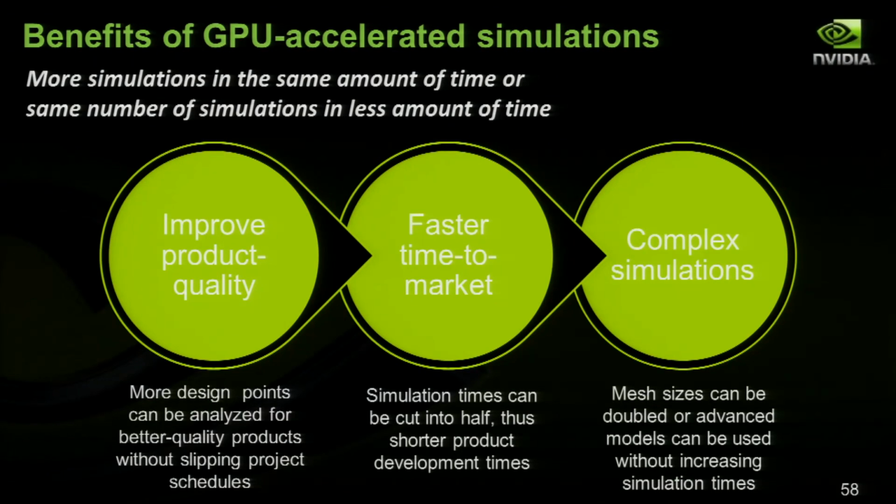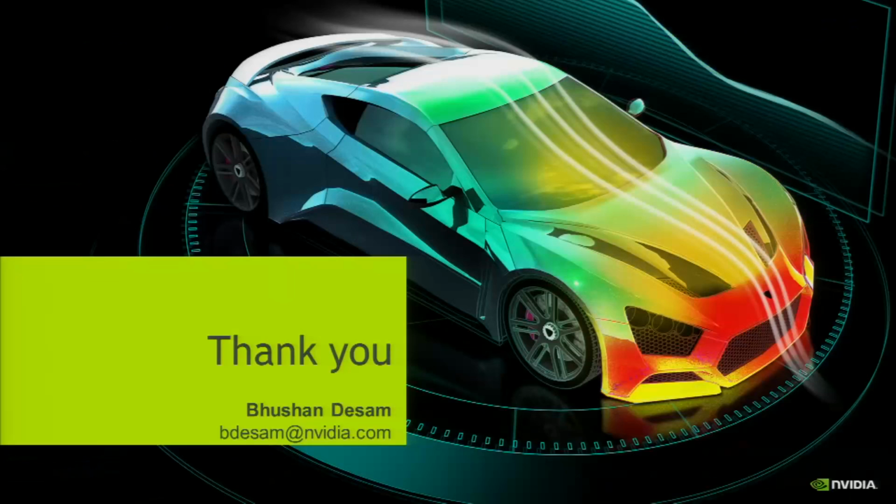The value in improving product quality by doing more design points in a given period of time, or you can also do these simulations faster and cut your time nearly in half so that you can bring the products to market quickly, or even in handling complex simulations where the mesh sizes can be doubled, or you can turn on advanced physics models to get more accurate physics out of your simulations. So these are some of the benefits and value in investing in GPUs.